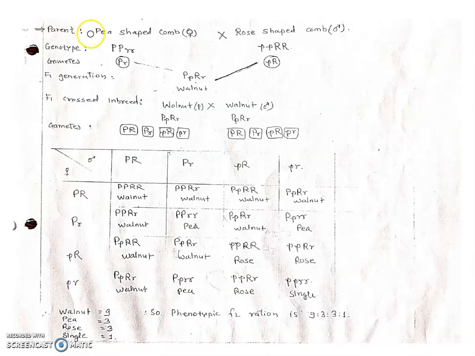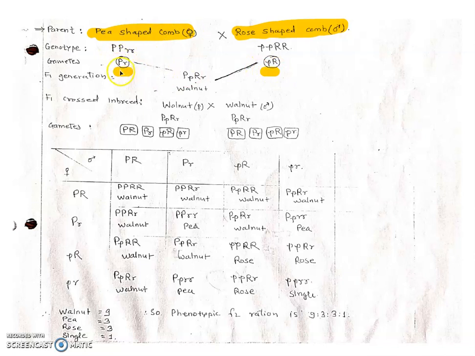See the example. Suppose a P shape comb female fowl, fowl meaning hen, and a rose shaped comb male, with their genotypes.